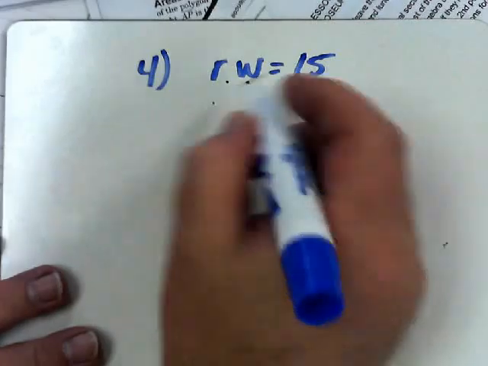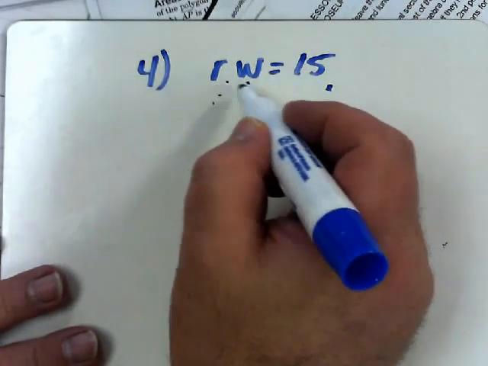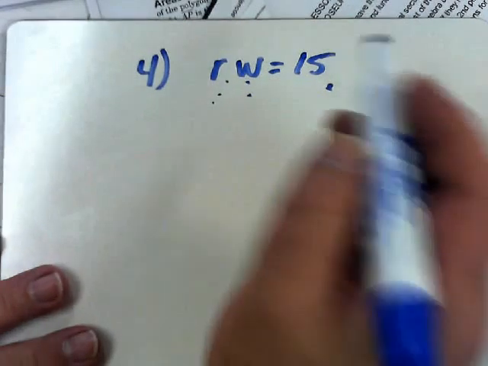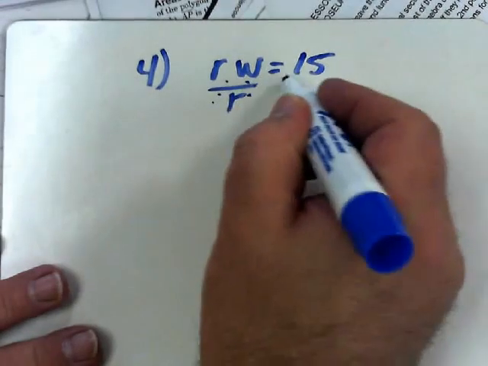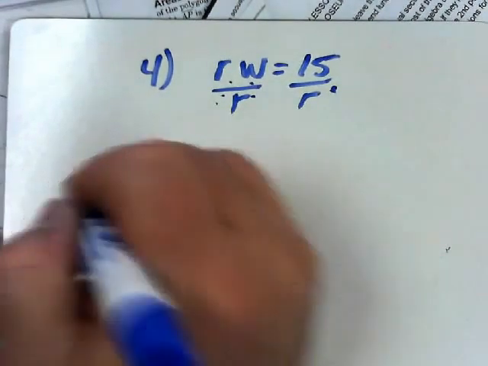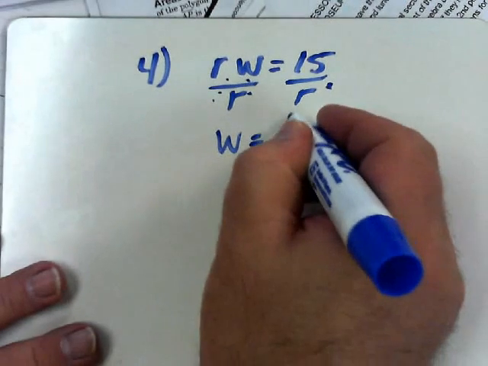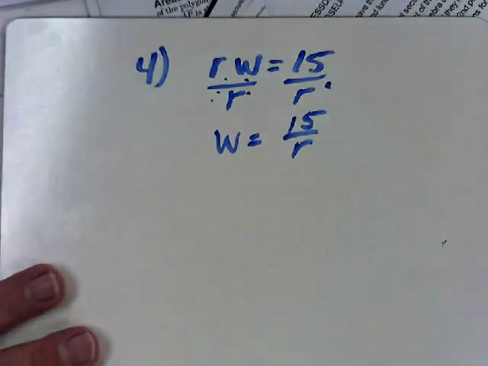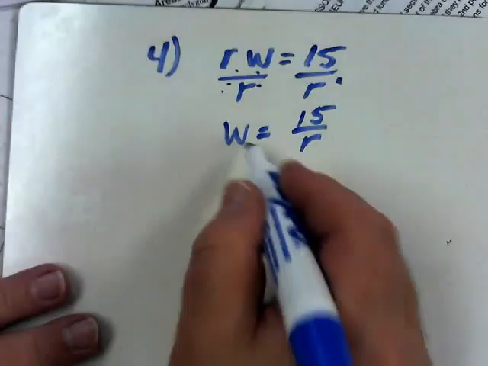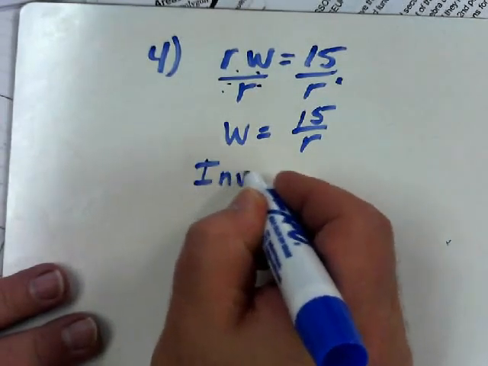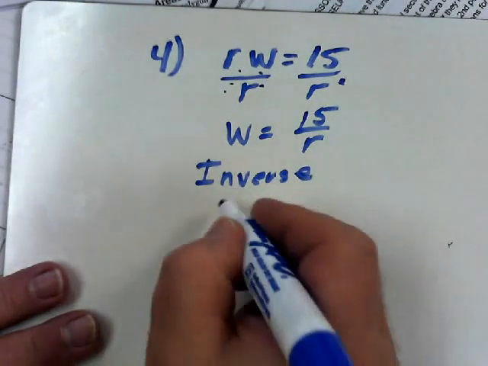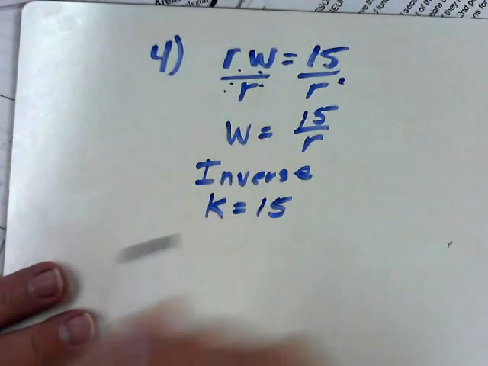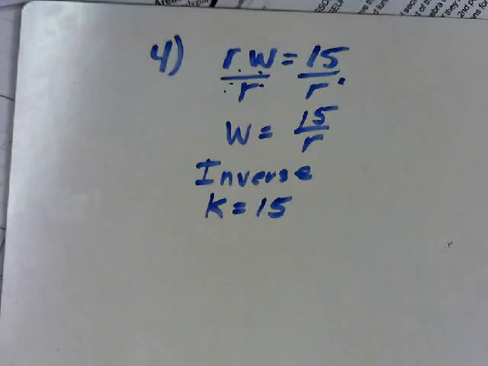Which letter do you want to pick, an R or a W? R. That means I have to divide both sides by R, which means I'd have W equals 15 over R. And that does follow the form of inverse with a K that's equal to 15. These make sense now? Okay.